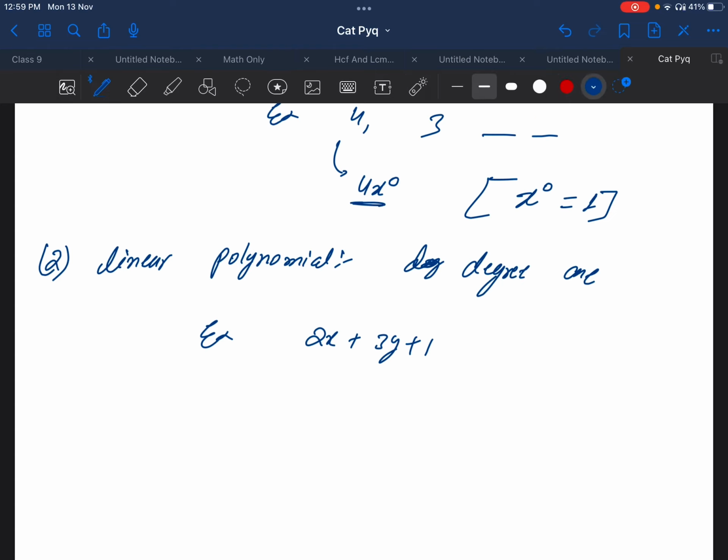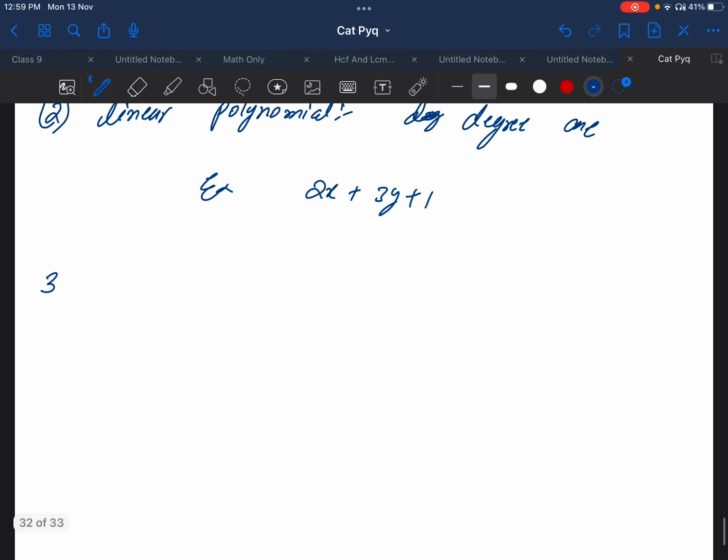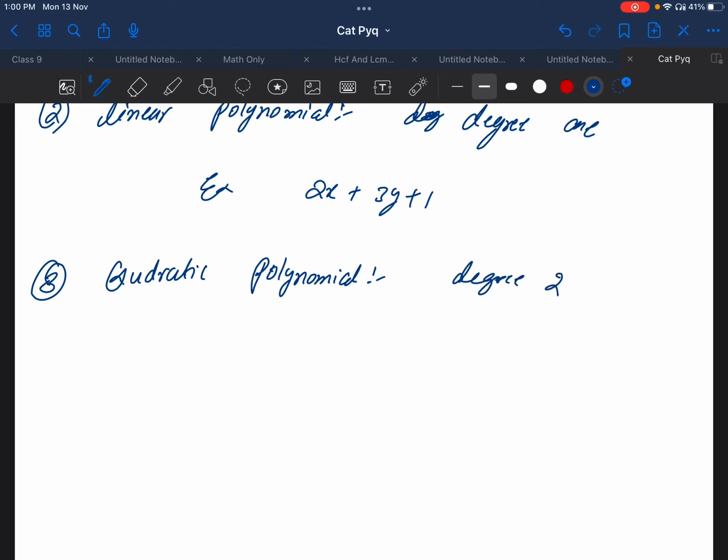Now our topic is the quadratic polynomial, because our topic will also be the quadratic equation. So the third is the quadratic polynomial. What is a quadratic polynomial? The degree is 2. Let's take the example x square plus 3x plus 1.